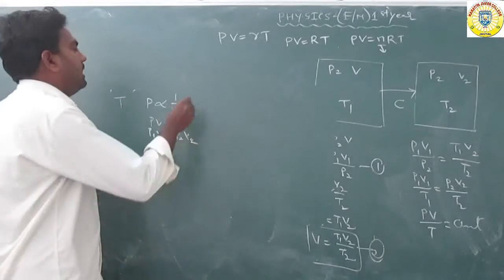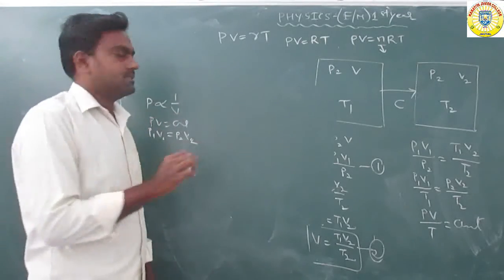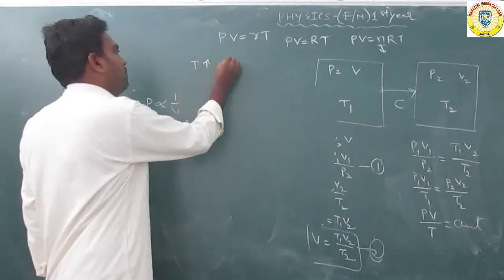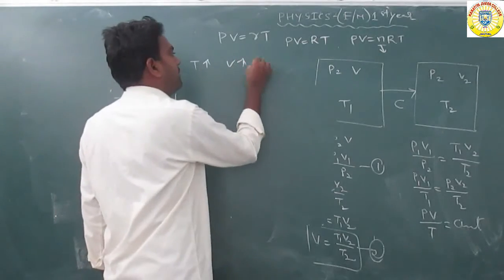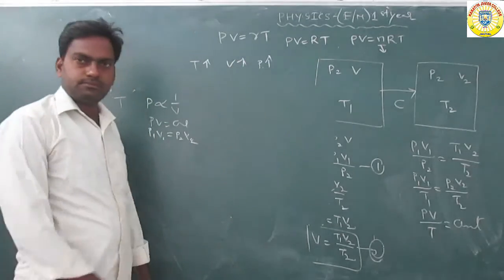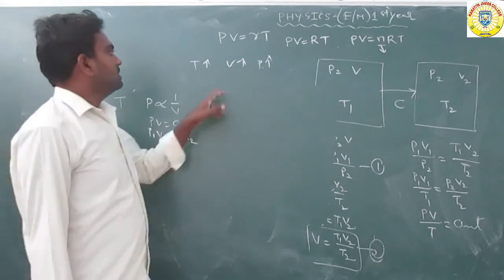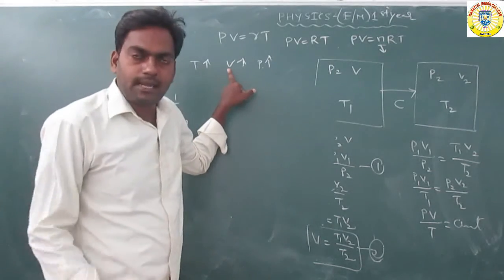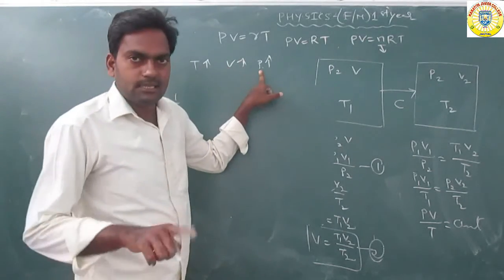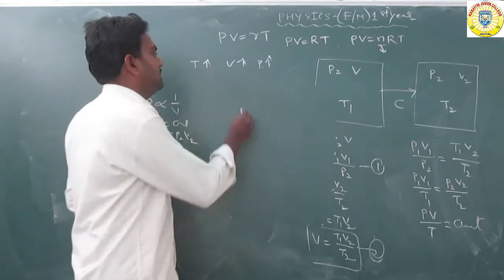Why Charles's law? When the temperature is increased, the volume is increased, and the pressure is also increased. Keeping the volume constant, the pressure is directly proportional to the absolute temperature.